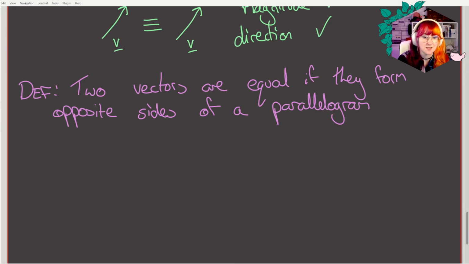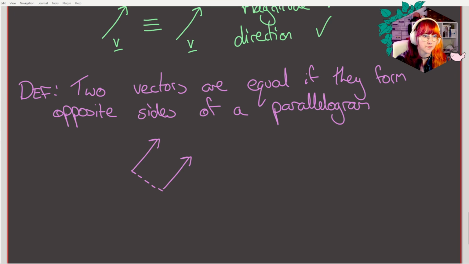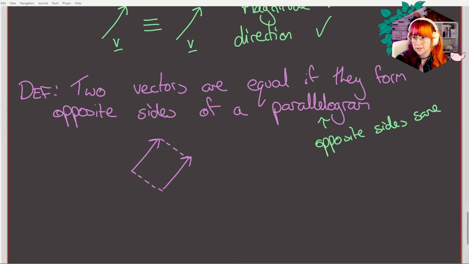So what this means is that for a vector here and here, exactly the same vector, if we remember that parallelograms have opposite sides the same length, and opposite angles the same size.